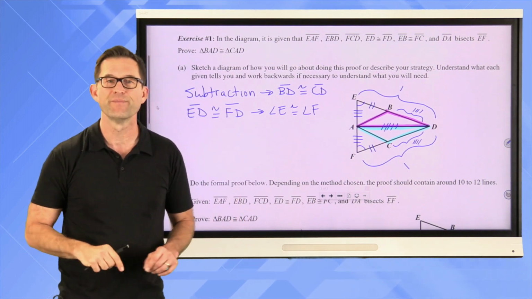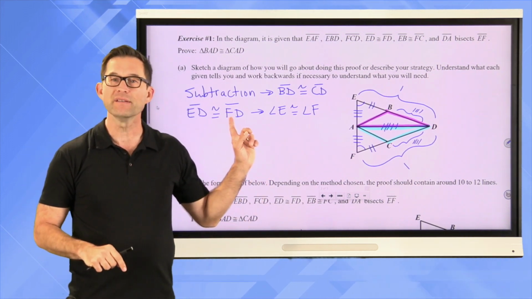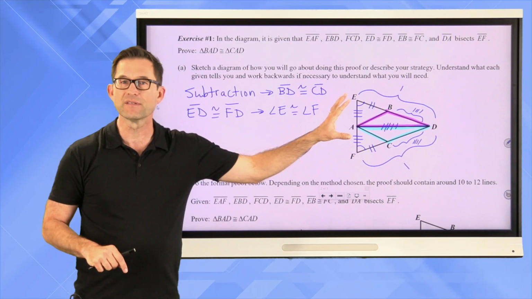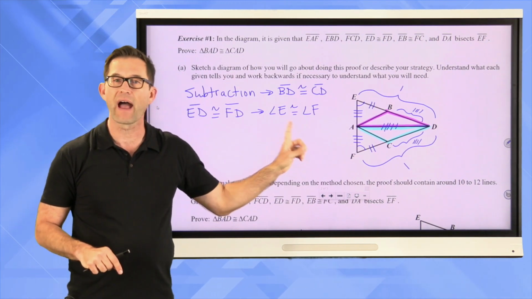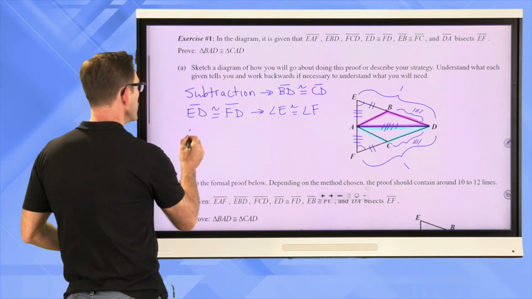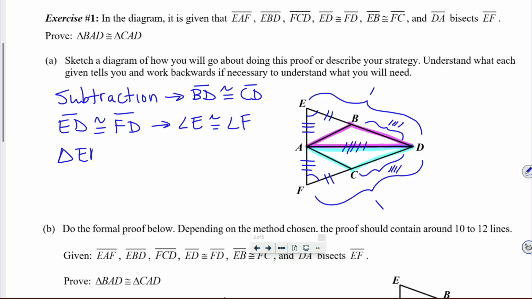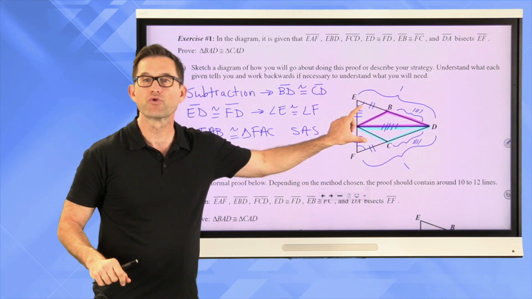But now, take a look, right? Based on the givens that I already know, and this fact, I'll be able to prove that triangle EAB is congruent to triangle FAC by side angle side, right? And those are these two smaller triangles right here.